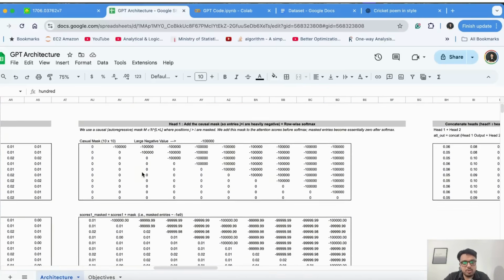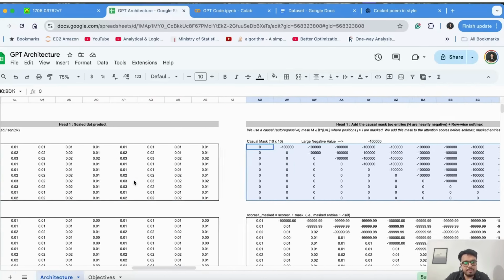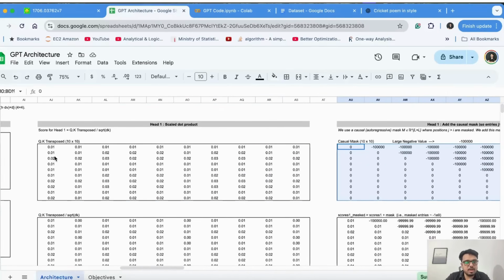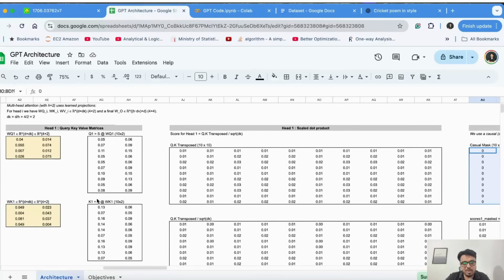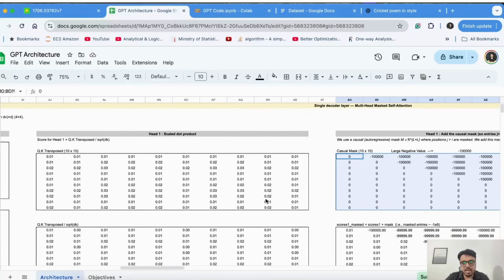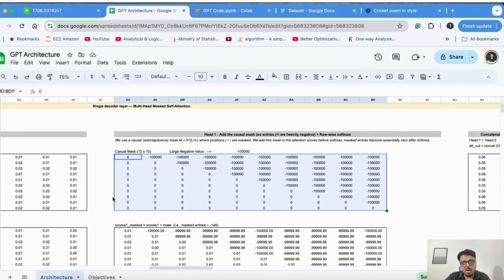So what is a causal mask? First we define a matrix which is 10 by 10. Okay, and why 10 by 10? Because the QK transpose matrix that came as an output of the Q1 K1 matrix multiplication in the last step is also a 10 by 10 matrix. Now, to this 10 by 10 matrix, we have to apply a causal mask.